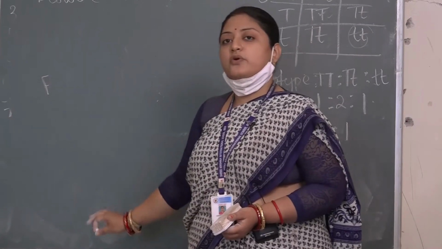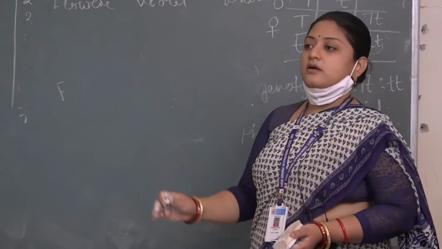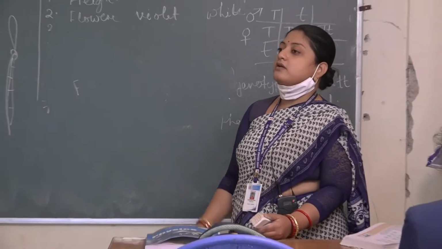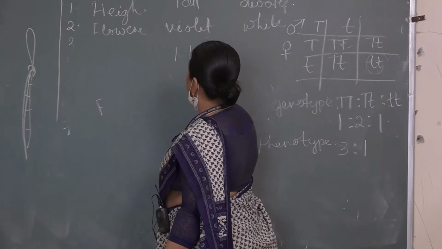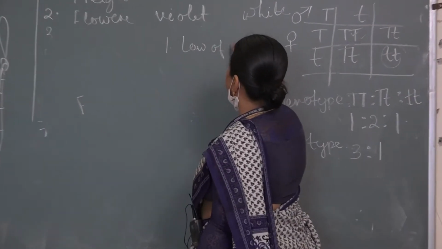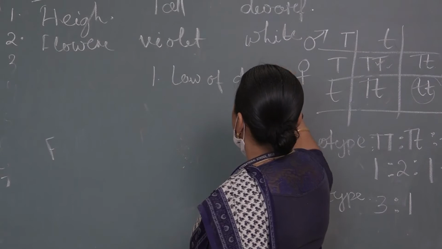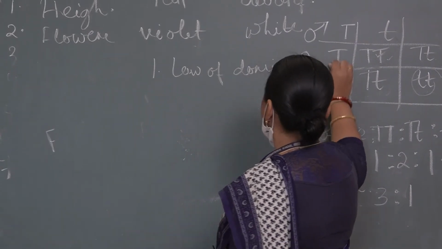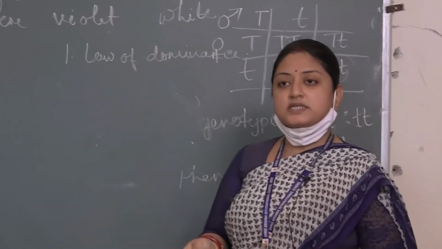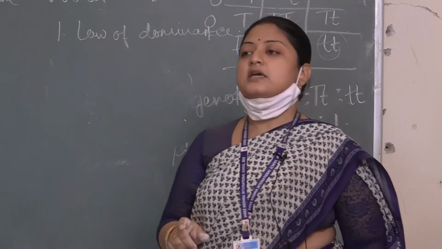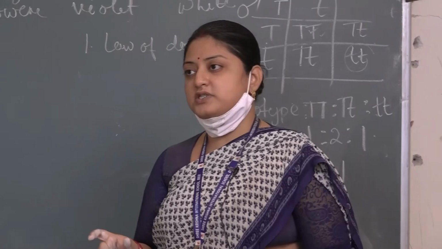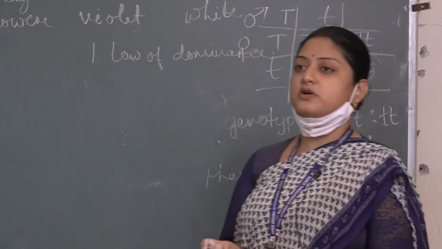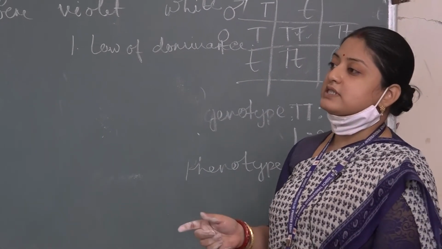So from the monohybrid cross he postulated the law of dominance. So the first one is your law of dominance. The law of dominance states that the character which is expressed in the F1 generation is known as the dominant character. One is the F1 generation, the other feature is the character which is expressed.